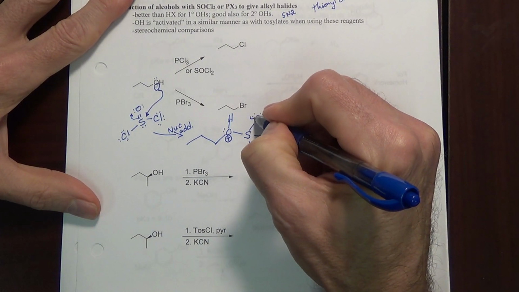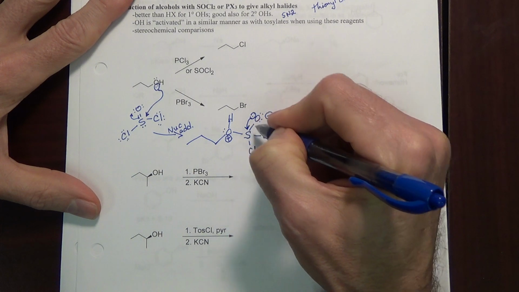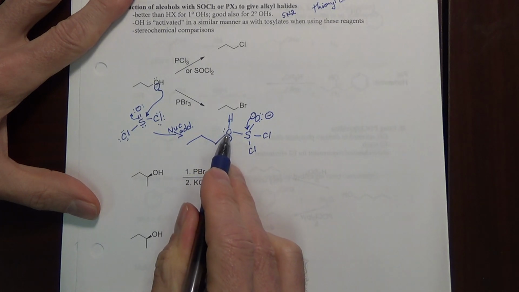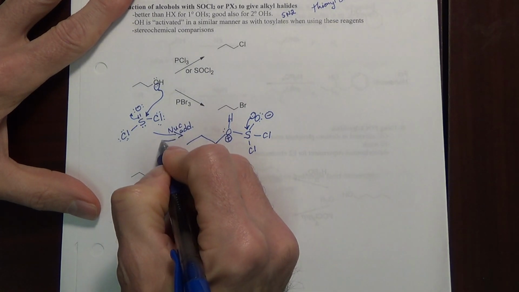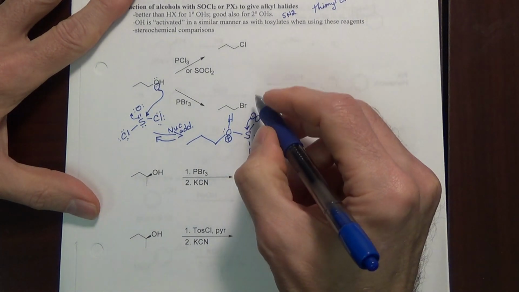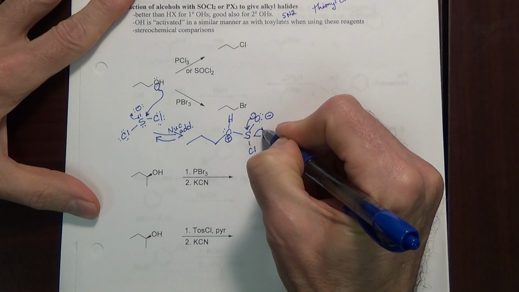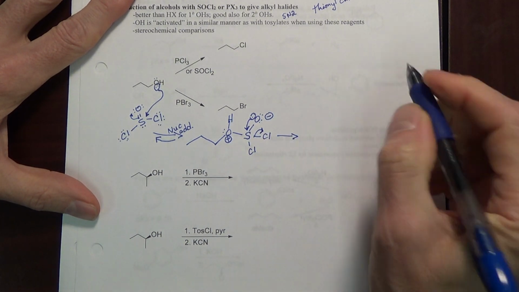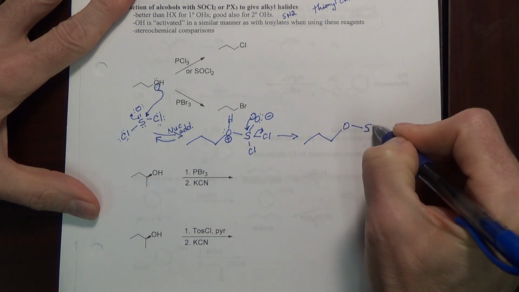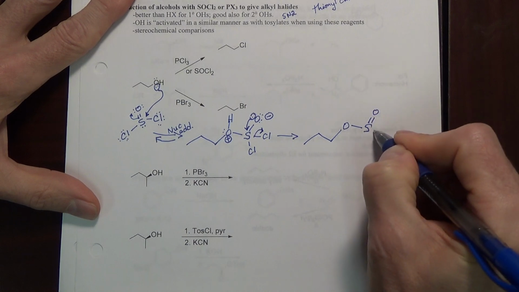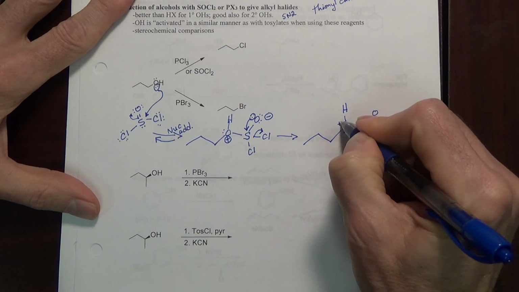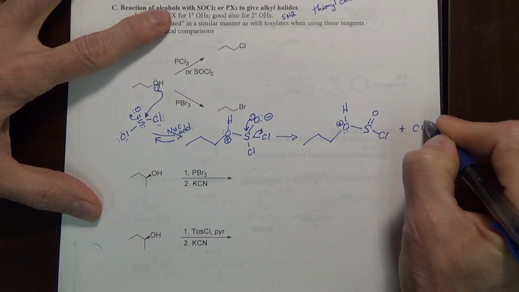The only thing we can do is these electrons back down, kick off. We actually could kick off the chlorine or the protonated oxygen. Reversible. But instead, let's kick off the chlorine, one of them, and that's going to give us oxygen, sulfur, double bonded to oxygen, 1 chlorine, H here, positive, plus Cl minus.